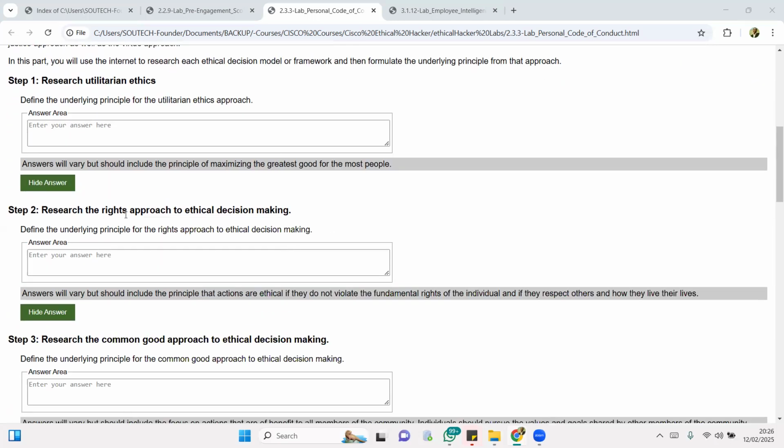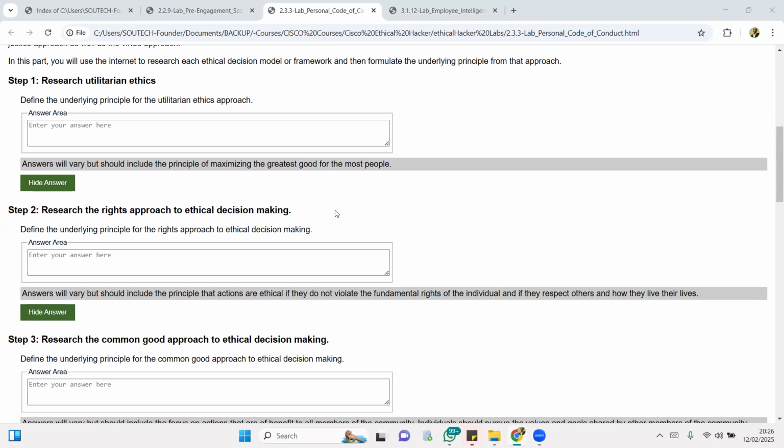Now, the rights approach to ethical hacking decision making. You want to be fair. You want to make sure that you're not violating fundamental rights of individuals. I've been in situations whereby somebody wants to get access to someone else's device.